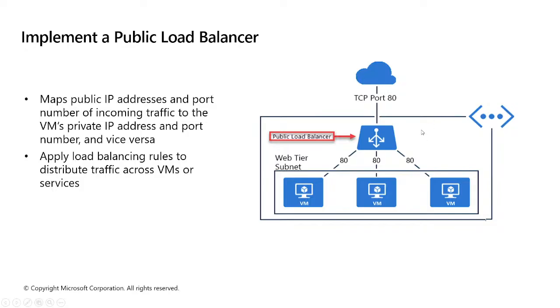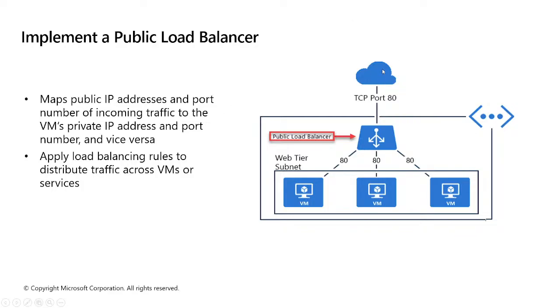So the traffic comes in from the internet via port 80, which is the HTTP port. If it was port 443, we'd be talking about secure HTTP. But now we're talking about port 80, so forget about that for now.